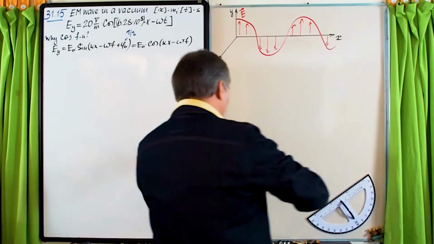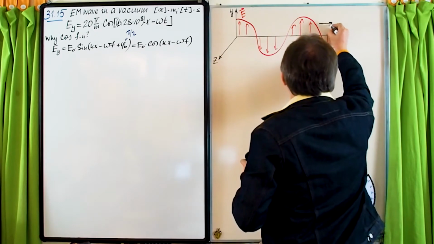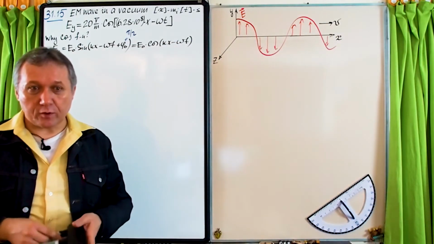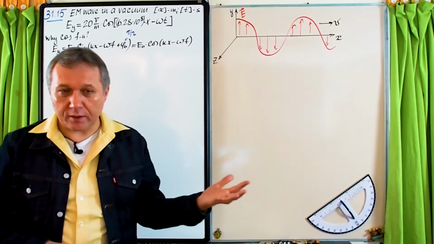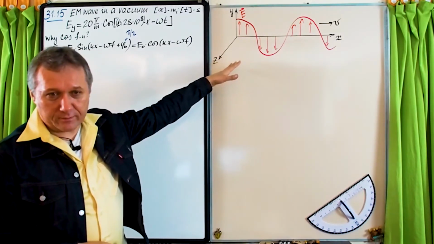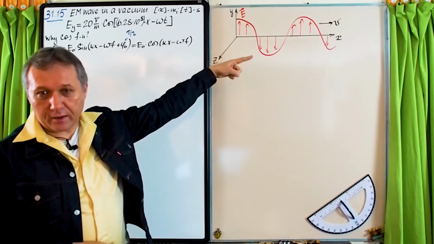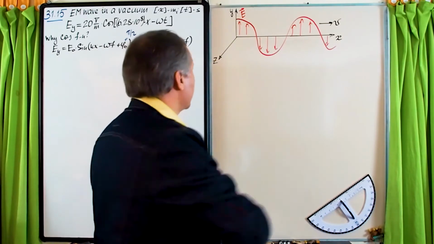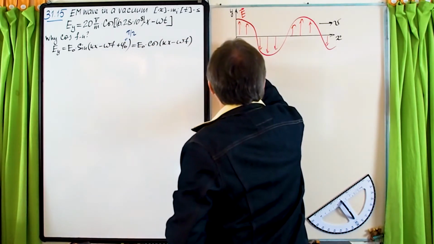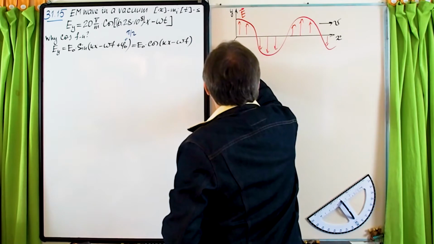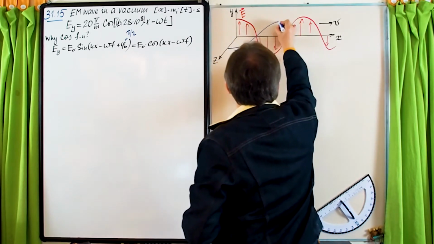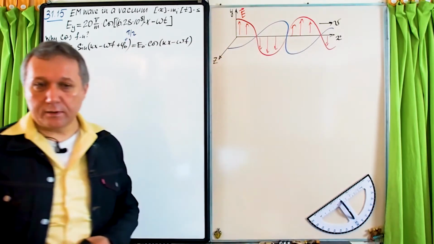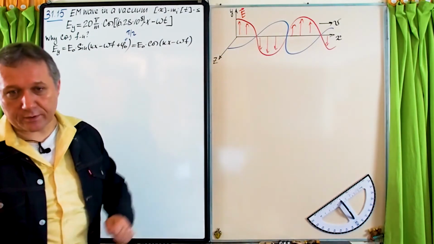The wave travels along x, and E is along y, so there is only one direction left for the magnetic field: the z direction. So the magnetic field oscillates along the z axis, and let me draw it like this, in the horizontal direction.